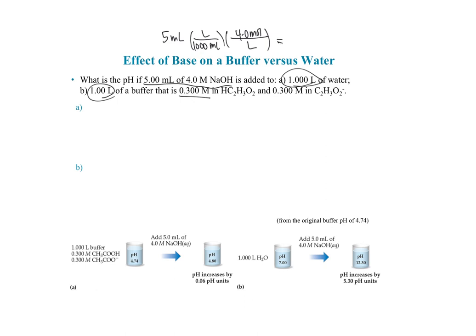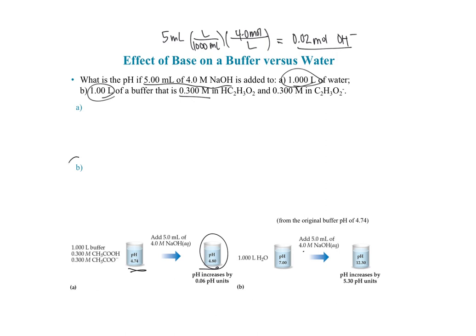That gives me 0.02 moles of hydroxide. And we actually saw this in our last problem. So we saw if I add 0.02 moles of hydroxide into my buffer, then my pH goes up to 4.8 from 4.74.